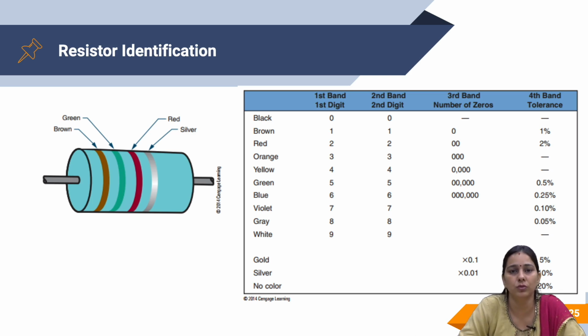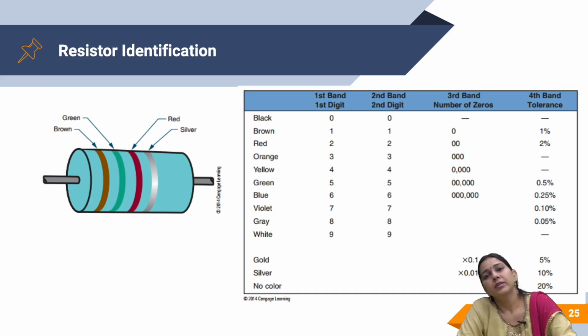That is 2 zeros, that is 00. So the net resistance would be 1 for brown, 5 for green, and 2 zeros for red, that is 1500 ohms. The fourth band, silver, implies the tolerance limit. What is the tolerance against silver? That is 10%. So 1500 ohms plus or minus 10% would be the answer for this particular resistor.